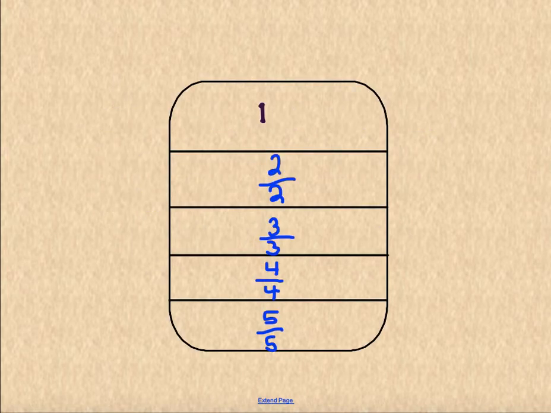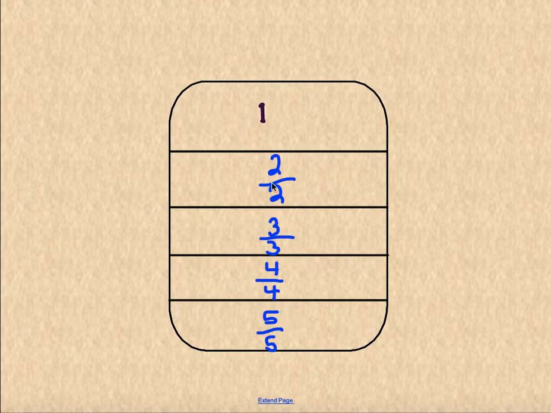If we look at this little name collection box, we haven't talked about those a whole lot this year, but if I was looking for fractions that are also equal to 1, I could say 2/2 is 1, 3/3 is 1, 4/4 is 1, 5/5 is 1, and so on and so forth.